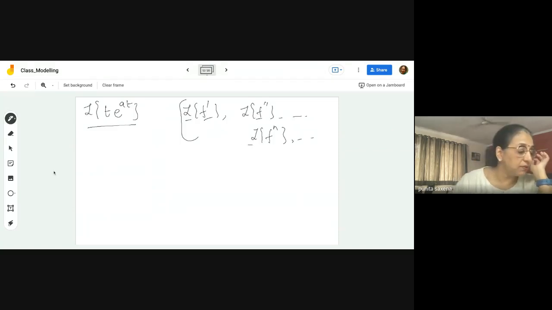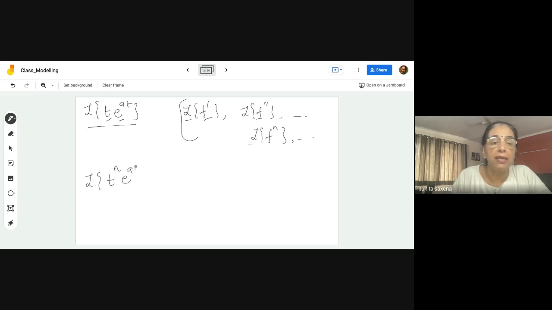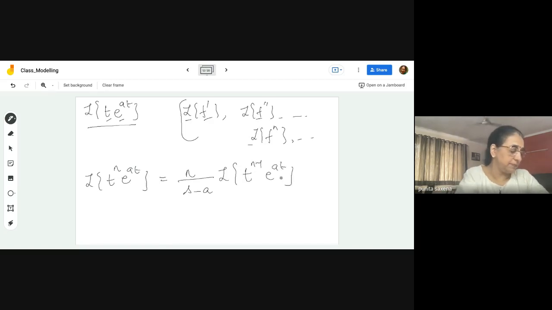So that's why, just look at question number 27, it is not talking of this, but it is talking of a function like t to the power n e to the power at. Okay, so you have to prove that this Laplace transform is equal to n upon s minus a into the Laplace transform of t to the power n minus 1 e to the power at.